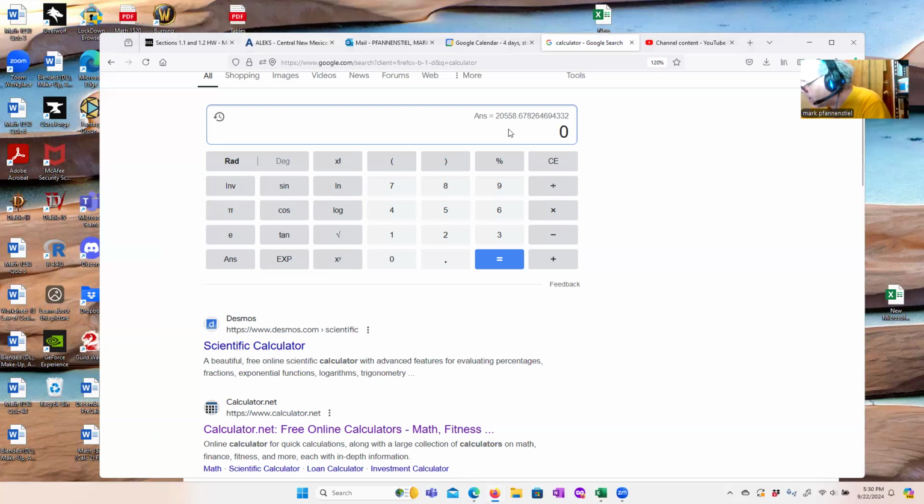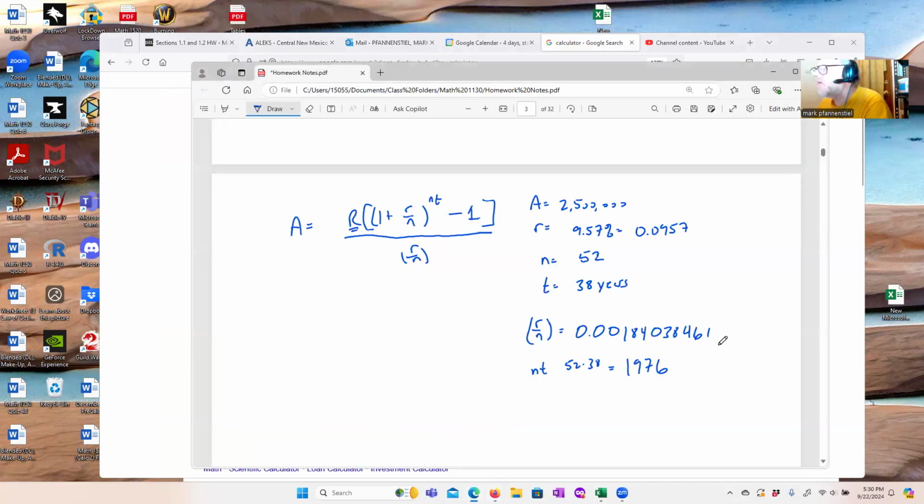We want 0.0957, that's 9.57%, divided by my 52 weeks per year, equals, and we got 0.0184, etc. So that's just R over N. I'm going to make a little note of it. We're also going to need this NT, and I don't want to interrupt myself in the middle of the calculation, so NT by itself is 1976. We're just going to write that down.